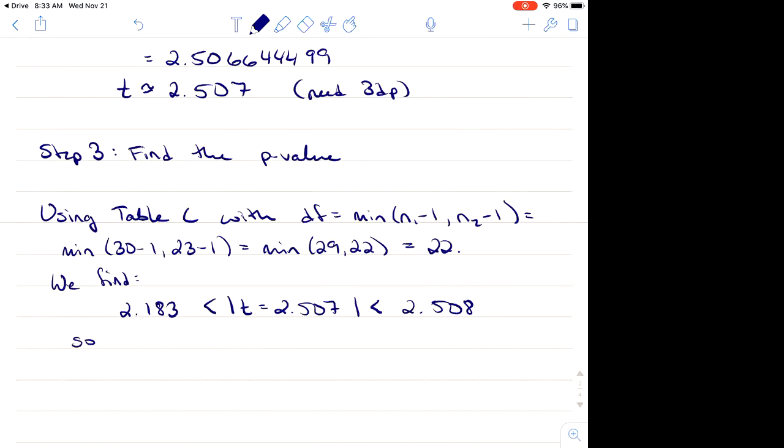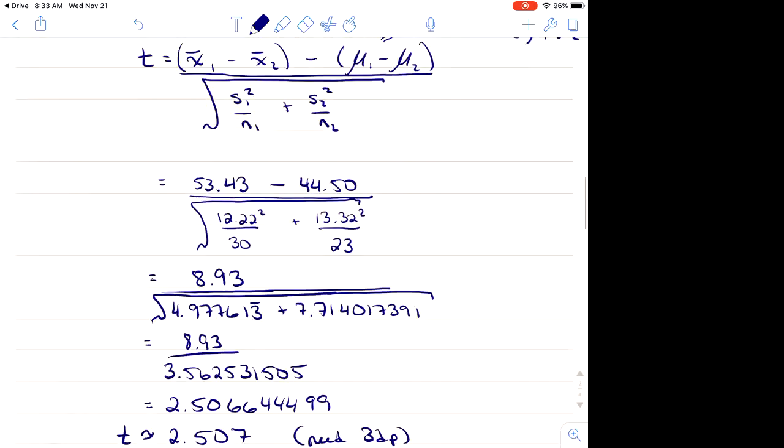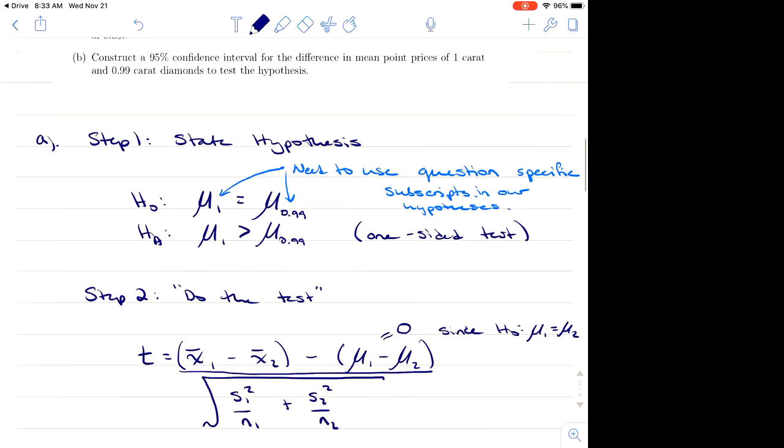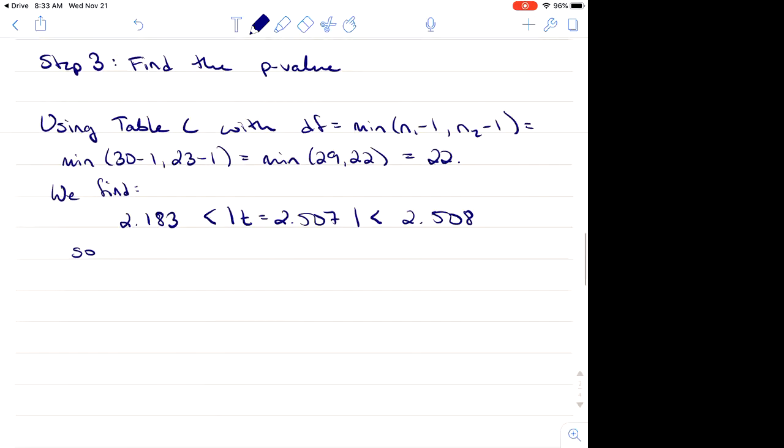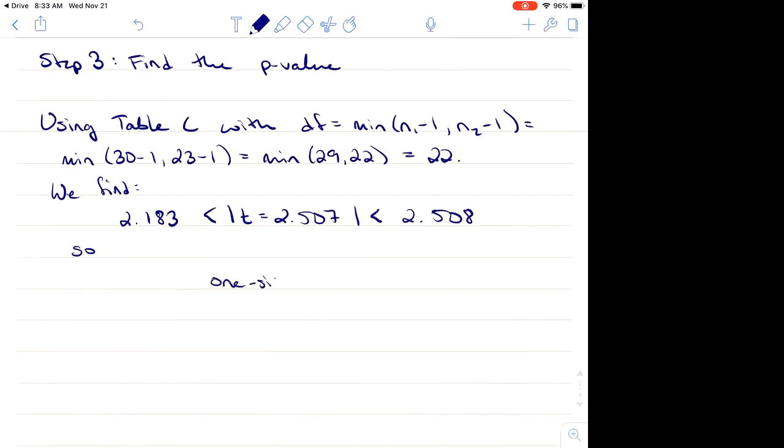So we have a one-sided test. We decided in our alternative hypothesis, so we need a one-sided p. So our one-sided p is going to be between two values. Let's see here, find my spot again.